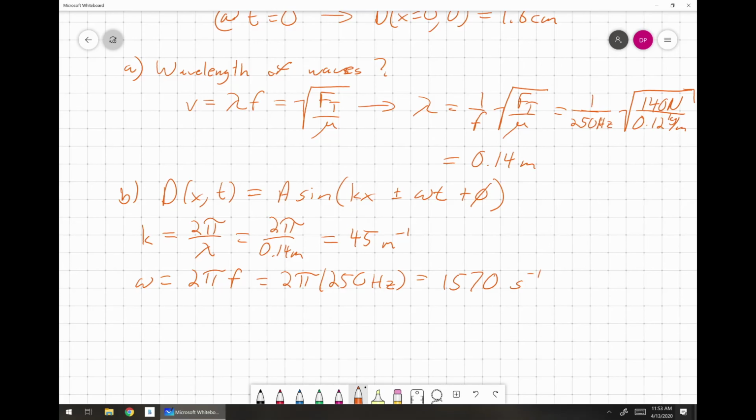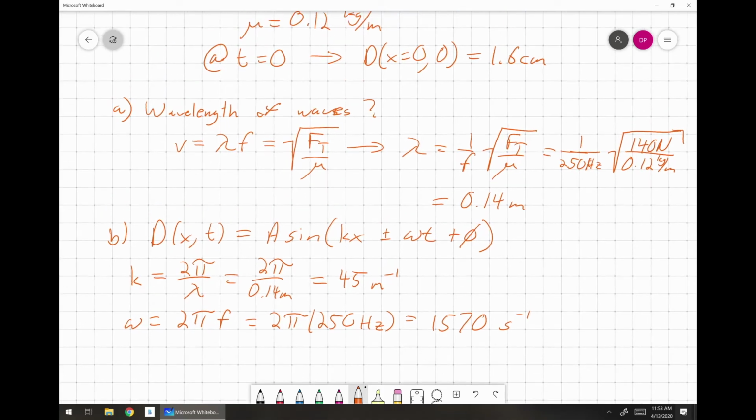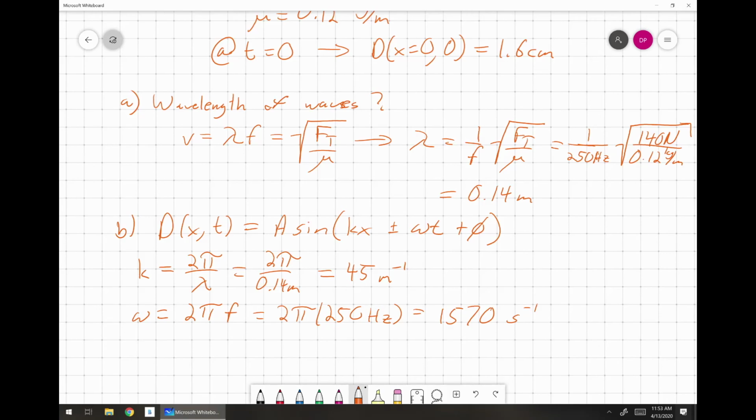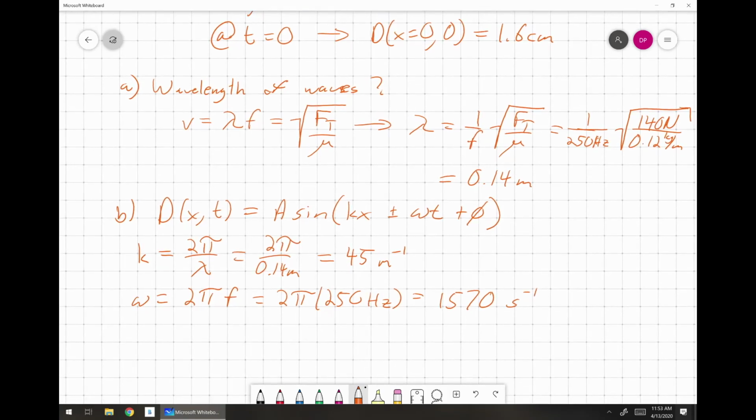And then we need to find our value for phi here by using our expression that we had previously. So we have that 1.6 centimeters is going to be equal to our amplitude of 2.6 centimeters times the sine. Well, let me write out a couple more details here. So we have d at x equals 0, t equals 0, right?